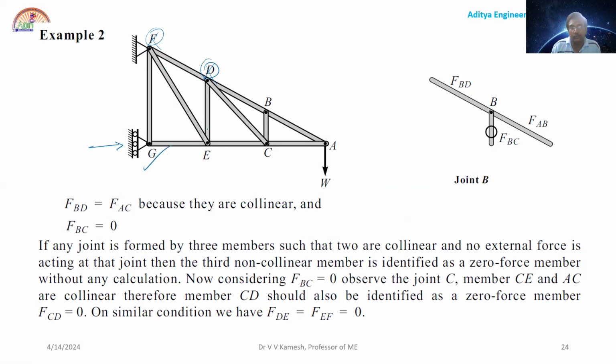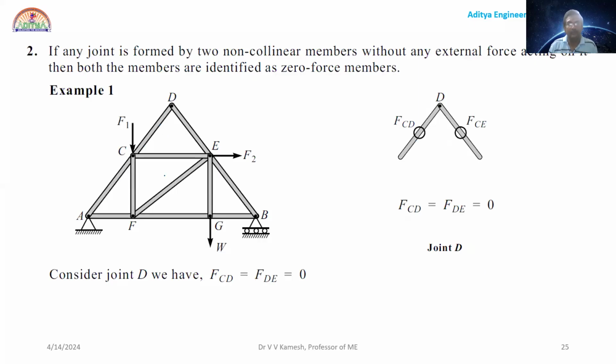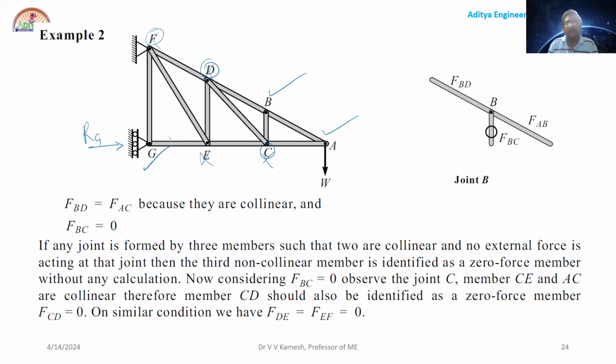Next E has 1, 2, 3, 4, not applicable. C has 1, 2, 3, 4, not applicable. What about B, 1, 2, 3? Okay, B can be checked. A, 1, 2, 3. A can be checked. Suppose at G, suppose RG, the force in the member GE, suppose FGE.